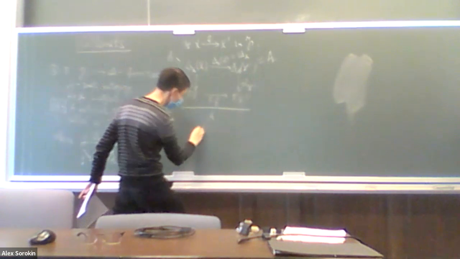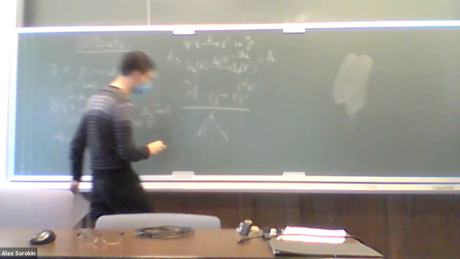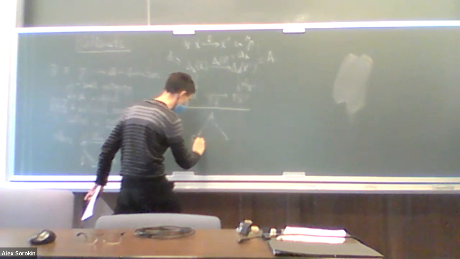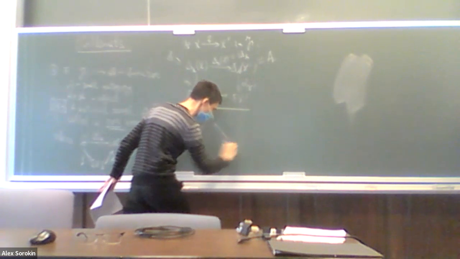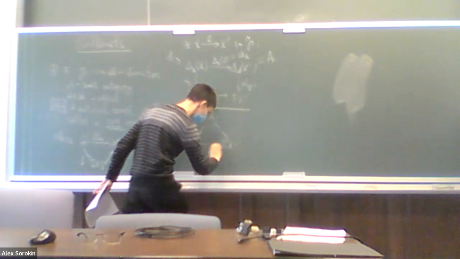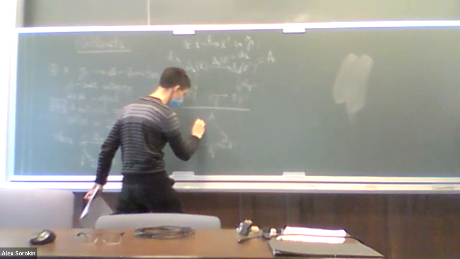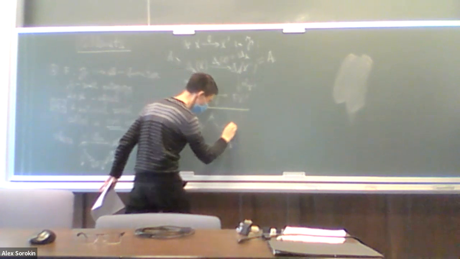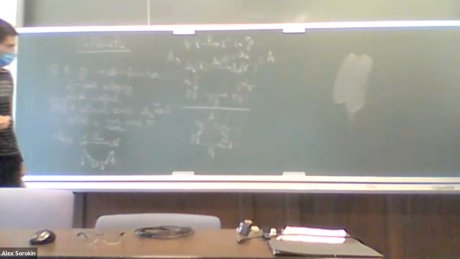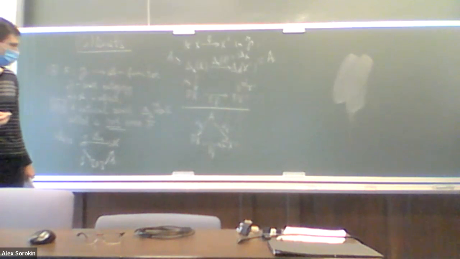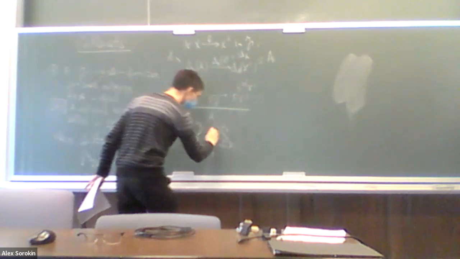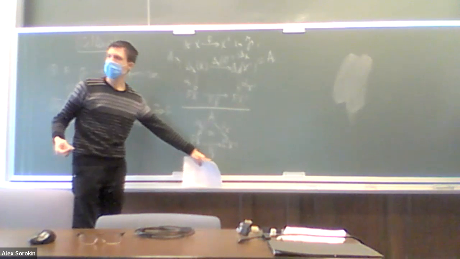We have A going to F of X, F of X prime, F of f, alpha X, alpha X prime. And this triangle commutes for every f.